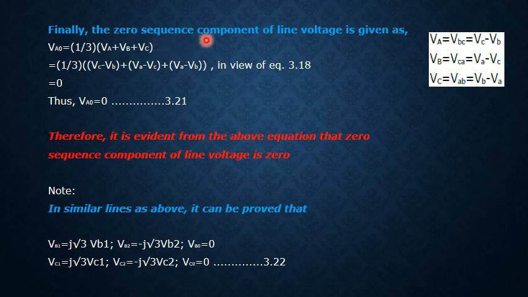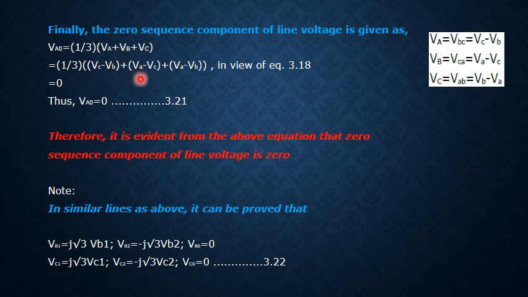Finally, the zero sequence component line voltage is given by this equation meant for the zero sequence component. Now respectively substitute the line voltage values in terms of phase voltage. So the line voltage VA is equal to what? VC minus VB in terms of phase voltage. So the respective values are substituted in this equation.